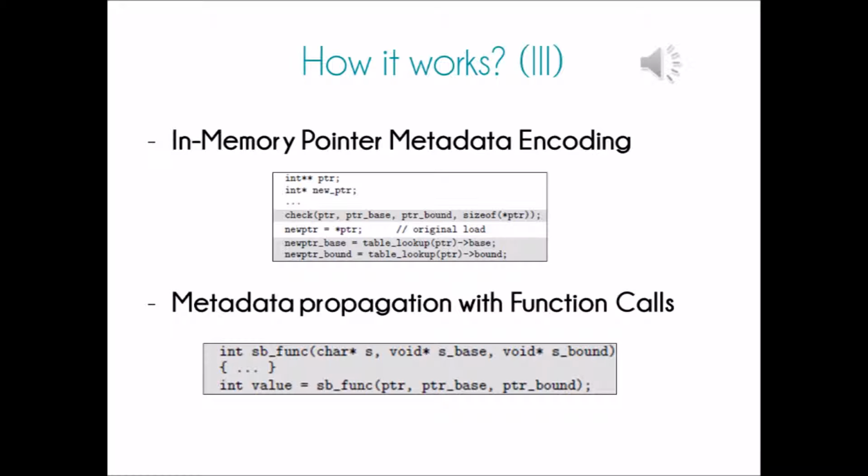Pointers must also be stored to and retrieved from memory. SoftBound uses a table data structure to map an address of a pointer in memory to the metadata for that pointer. SoftBound inserts a table lookup to retrieve the base and bounds from the disjoint metadata space at every load of a pointer value.